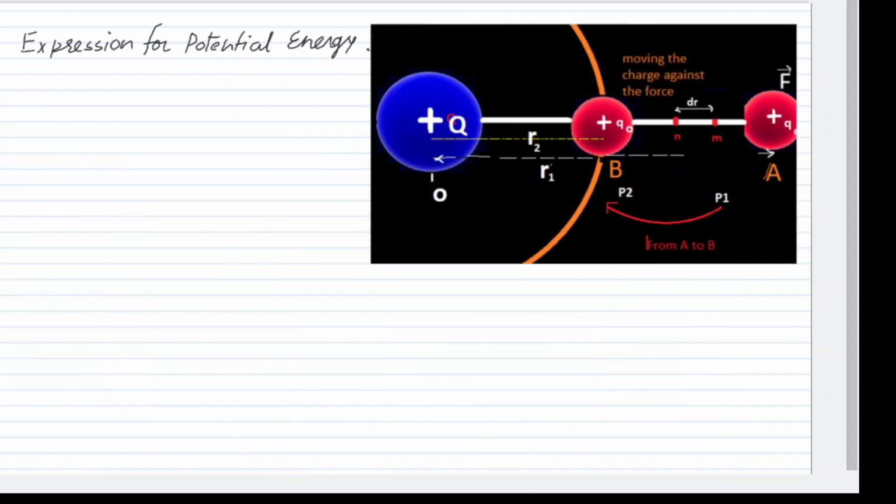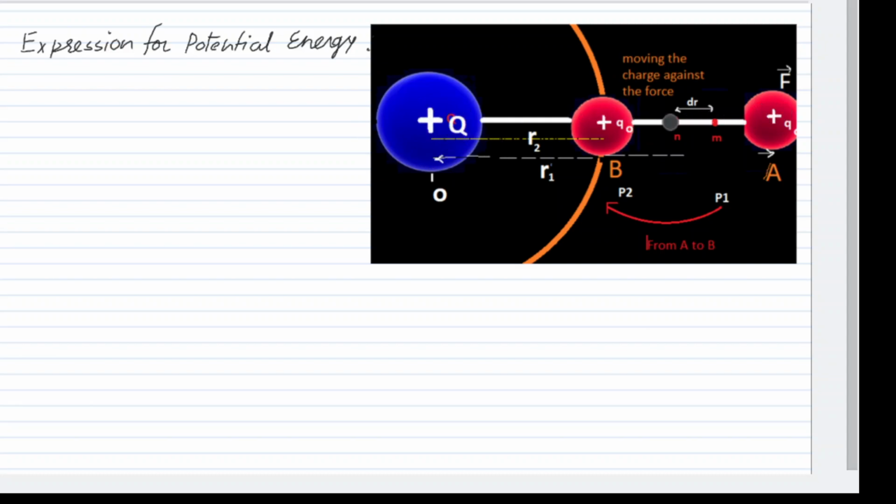For this we required a diagram where we are considering the charge plus Q at position O. Now we are considering another small charge Q0 at point A. This charge Q0 is at distance R1 from the Q charge, source charge.